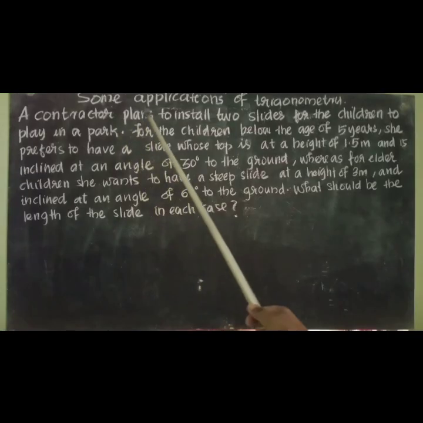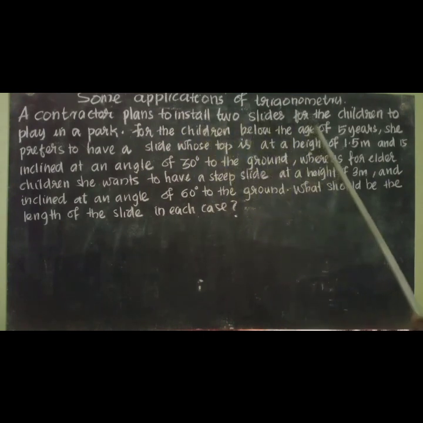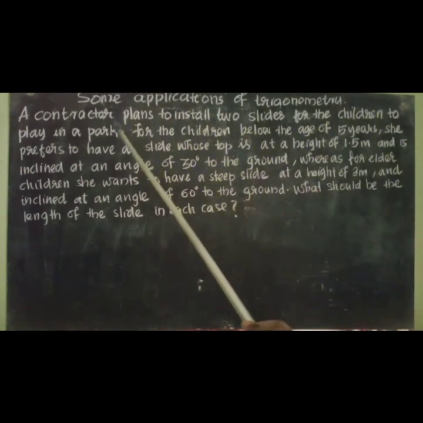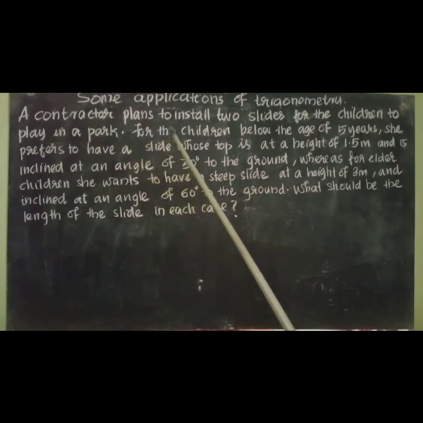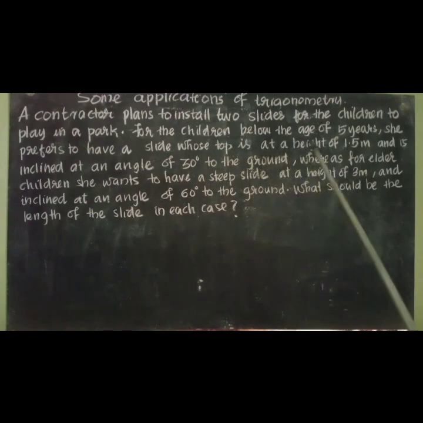A contractor plans to install 2 slides for the children to play in a park. For the children below the age of 5 years, she prefers to have a slide whose top is at a height of 1.5 meter and is inclined at an angle of 30 degrees to the ground.